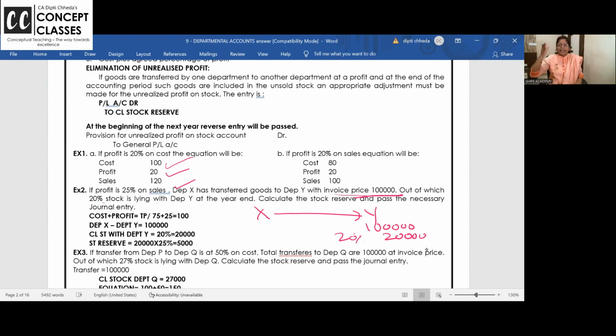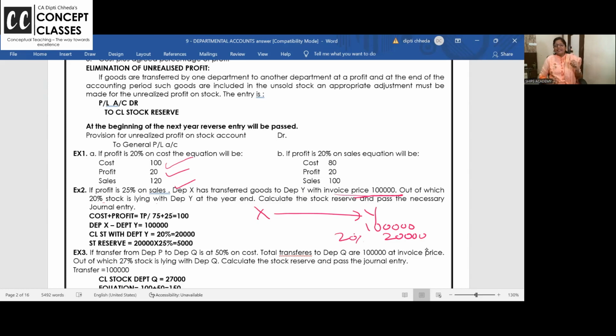Ultimately, we are preparing departmental accounts. It's like the common P&L account of a company. We are preparing departmental accounts to know which department is doing efficiently and which is not. So we are getting the departmental profit, but ultimately all the departments, whether stock department, purchase department, HR department, accounts department, are part of the main business only, right?